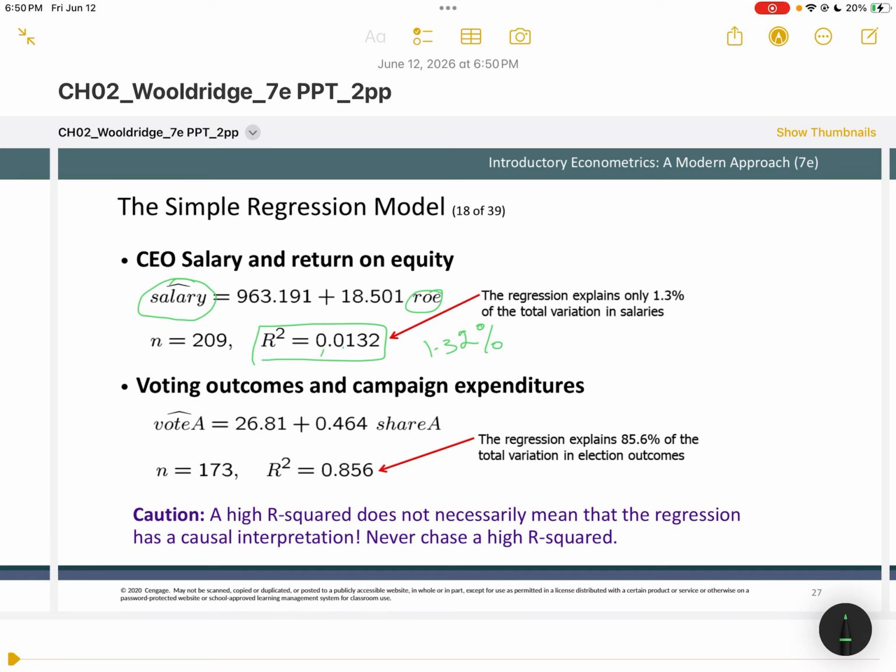In this second regression, where we are running the regression Y on X, our Y is our vote A and our X is our share A. R squared here is much larger, 85.6%.